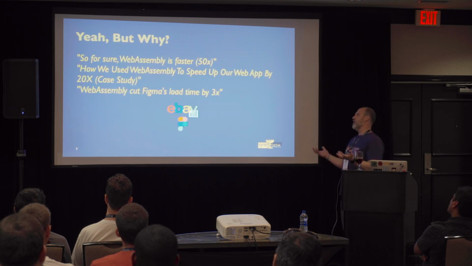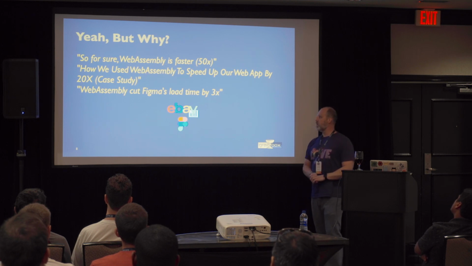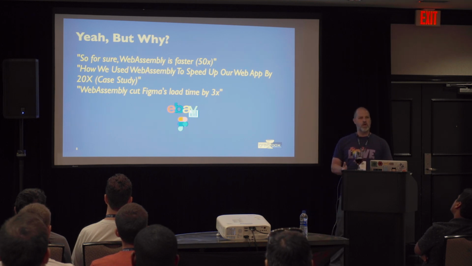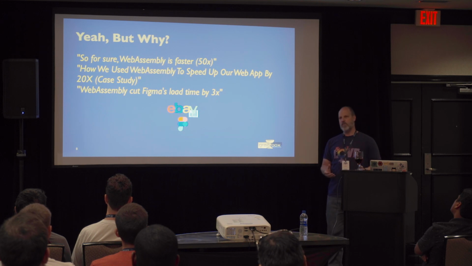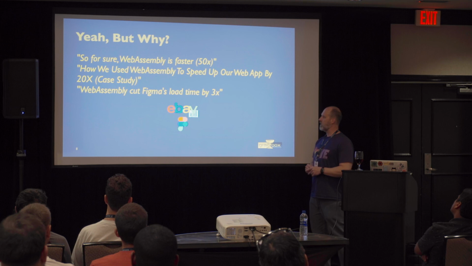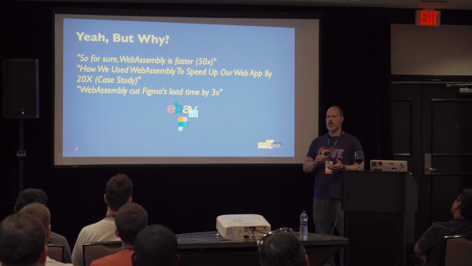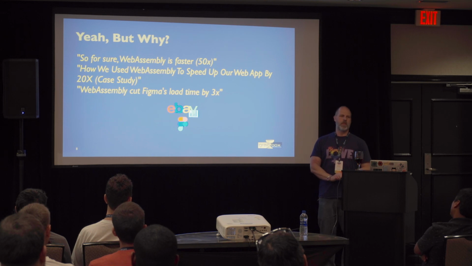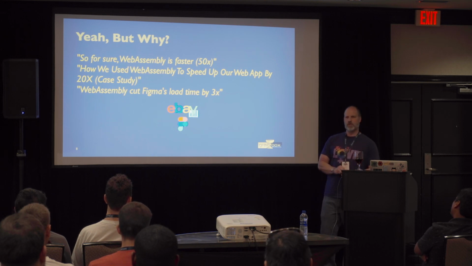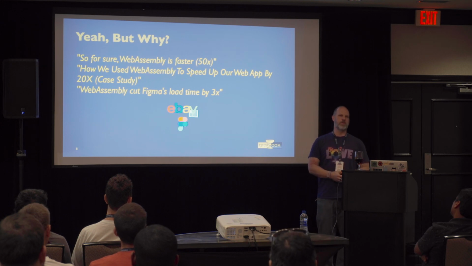Okay, so why? Why really do we do this? Well, here are a few case studies that I found. One was eBay. They had a barcode scanner that was in their native app. It was written in C, or C++, I don't remember, sorry. And they had put it on their website and rewritten it in JavaScript, and they were getting 1 frame per second using this barcode scanner in JavaScript.